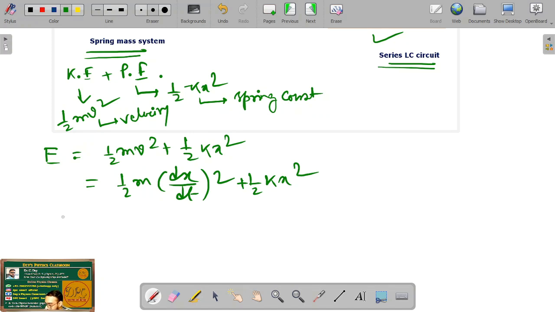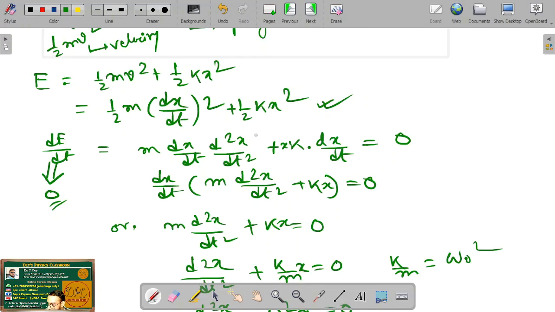Now if we differentiate this equation with respect to time, then we will get dE/dt equals m dx/dt d2x/dt2 plus k x dx/dt, as total energy is constant. So dE/dt would be 0, so right hand side will also be 0. From here we get dx/dt into bracket m d2x/dt2 plus kx equals to 0.